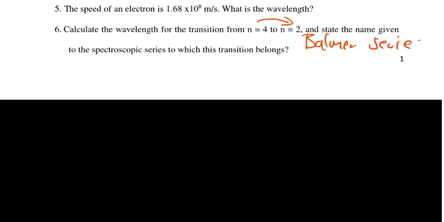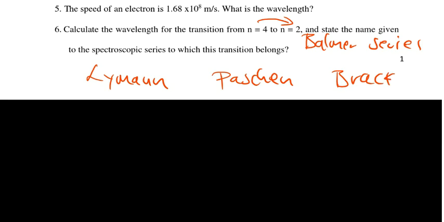Transition to the first, we call it the Lyman series. And then for the third energy level, Paschen, to the fourth, it's called Brackett.